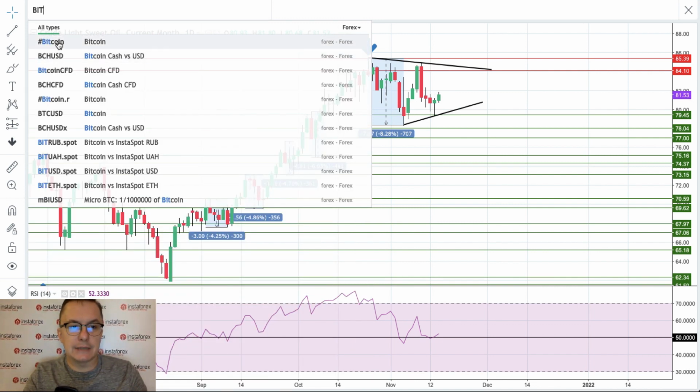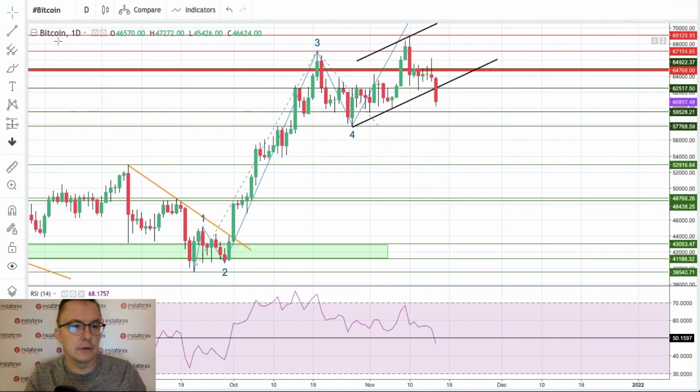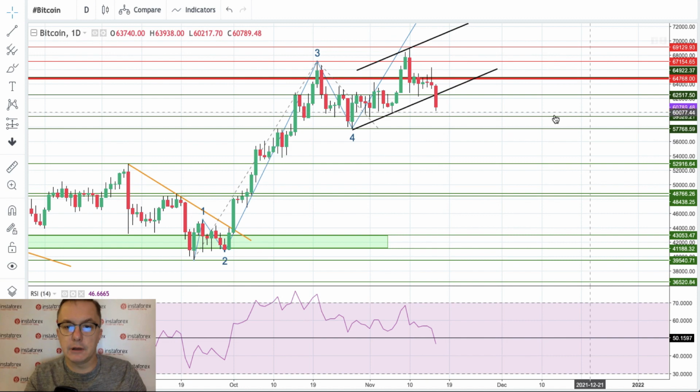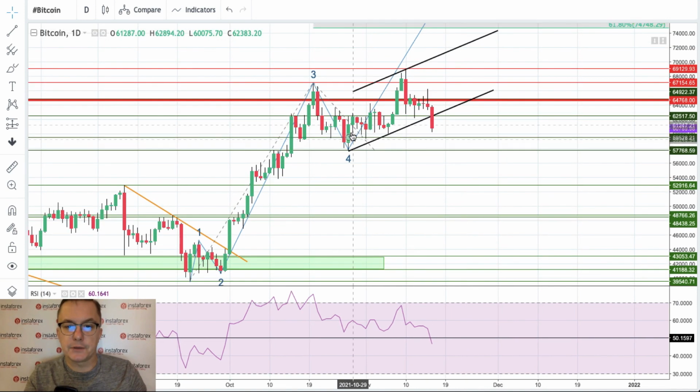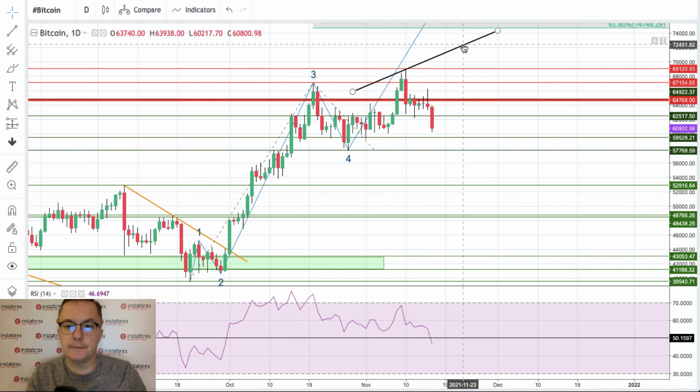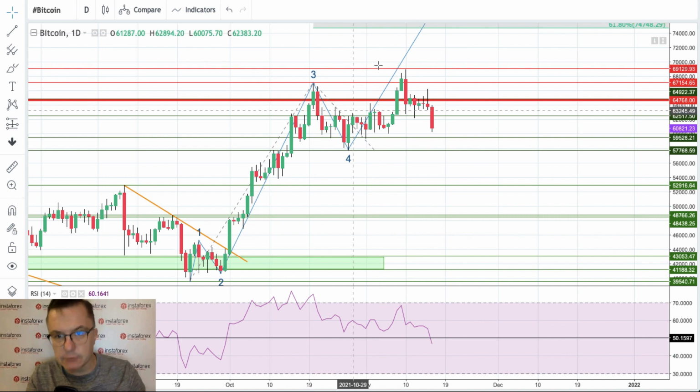And last but not least, we will take a look at Bitcoin. What is Bitcoin doing? We are going lower. We are going lower because it looks like this recent move up was in three waves only. So that's the continuation of the corrective wave 4, and we are below this recent some sort of the channel.